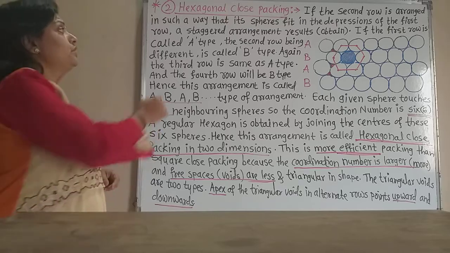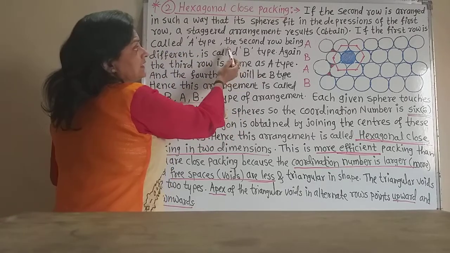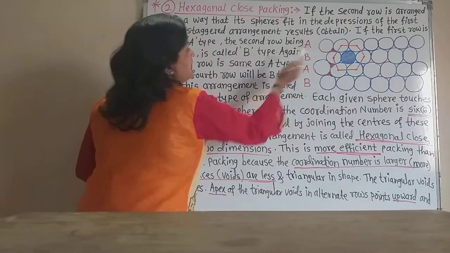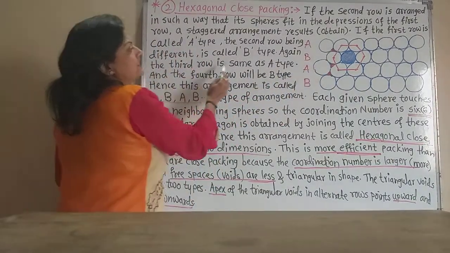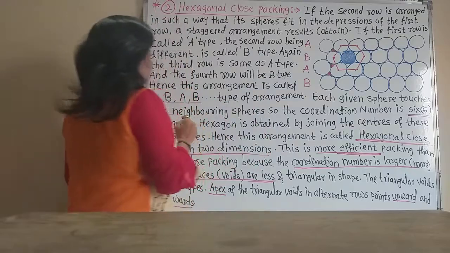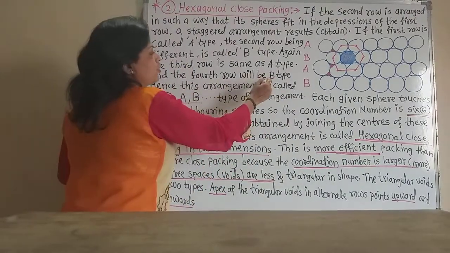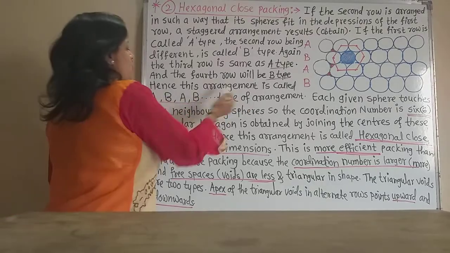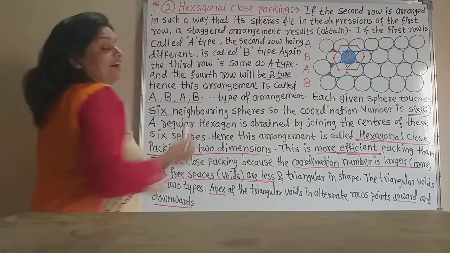If the first row is called of A type, then the second row is different, which is called the B type. Again the third row is the same as the A type, and the fourth row will be of the B type. Hence this arrangement is called the AB type of arrangement.